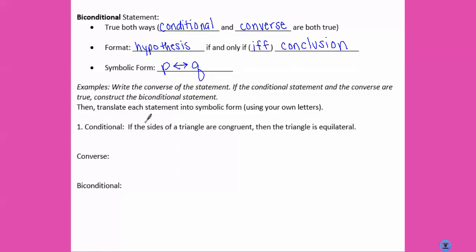So given the conditional, if the sides of a triangle are congruent, then the triangle is equilateral.